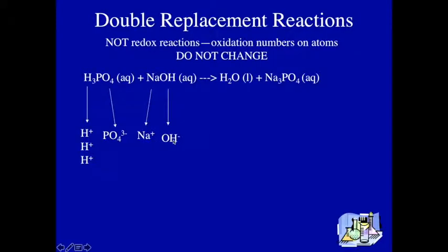Now, in every case, and this is something that was a little shocking to see on the quiz, hydrogen ions and hydroxide ions will come together to form water. There's no other combination between hydrogen and hydroxide that would make anything besides water.